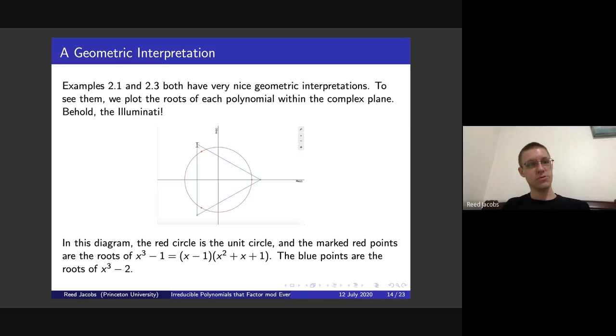Sigma sends the cube root of 2 times omega 1 to the cube root of 2 times omega 2. And similarly, the cube root of 2 times omega 2 goes to here. So this vertex goes here, that vertex goes there, that vertex goes there. It's a rotation of the triangle counterclockwise by 120 degrees.